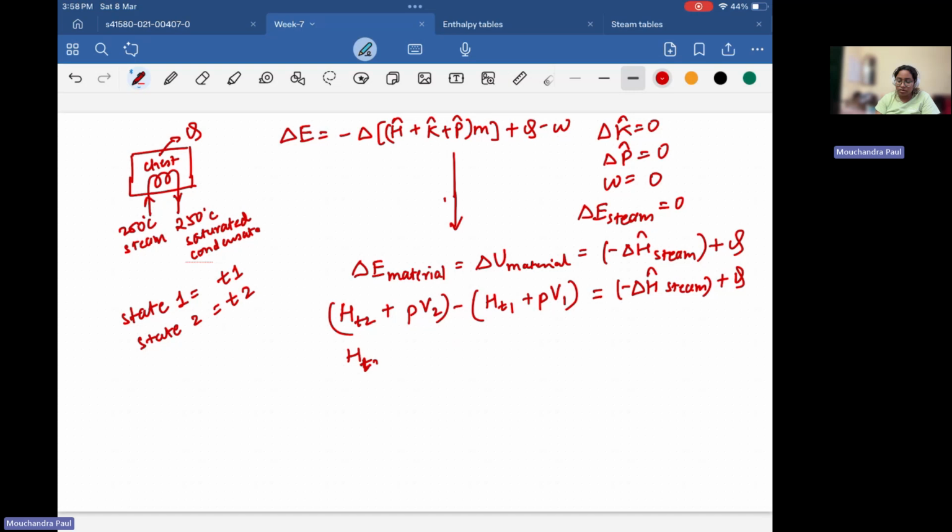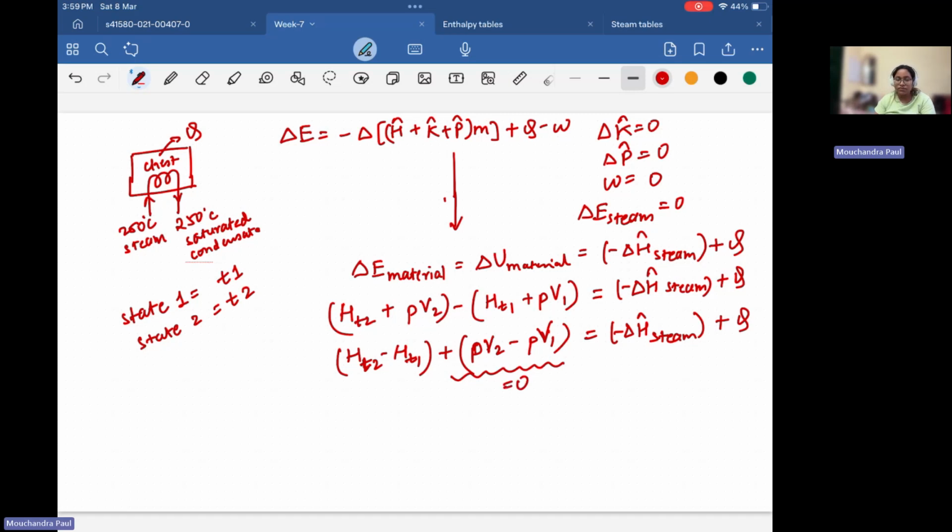Let's rewrite for convenience. It becomes this, with PV2 minus PV1. Now this term is 0. Why is it 0? Because first, no data is given regarding volume change or anything like that. But even if data was given, it would have been too small.